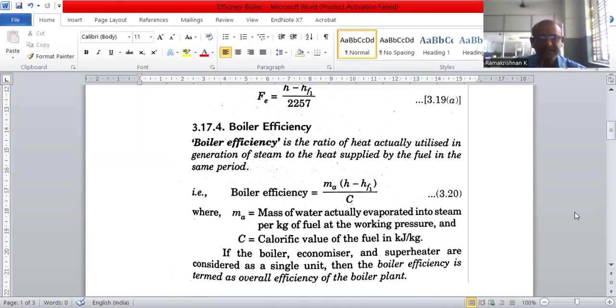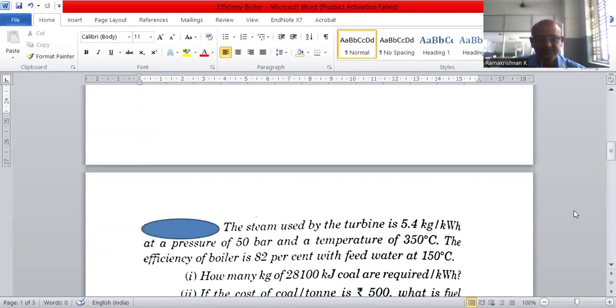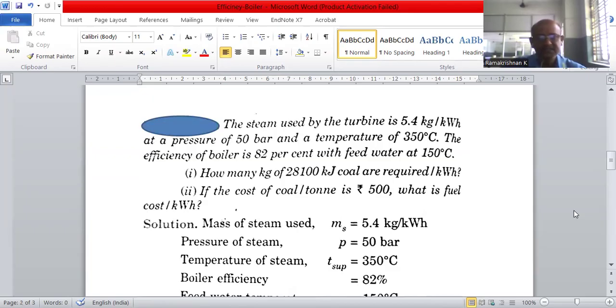Now we'll look into a sample problem for understanding the boiler efficiency. Steam used by the turbine is 5.4 kg per kilowatt hour at a pressure of 50 bar and a temperature of 350 degrees Celsius.